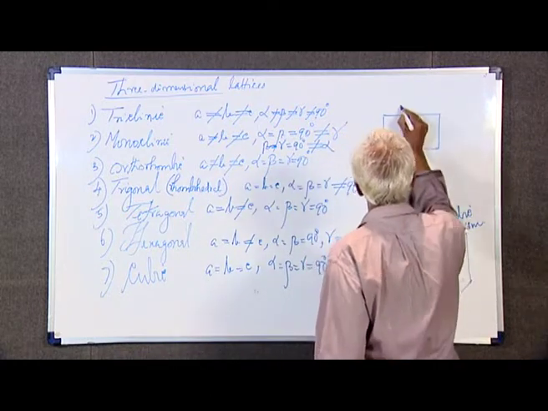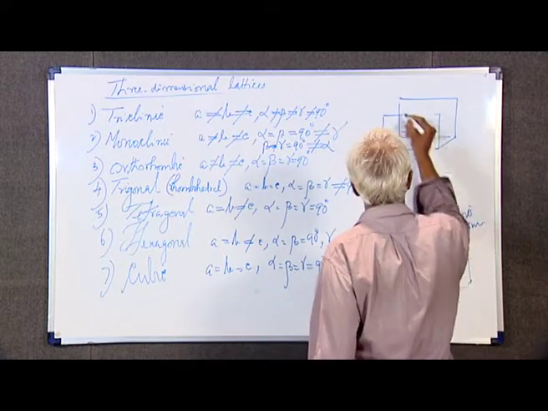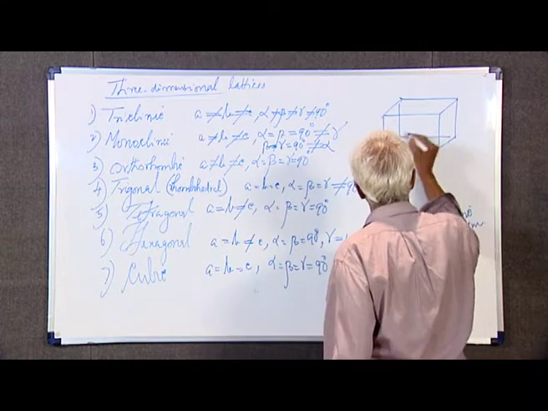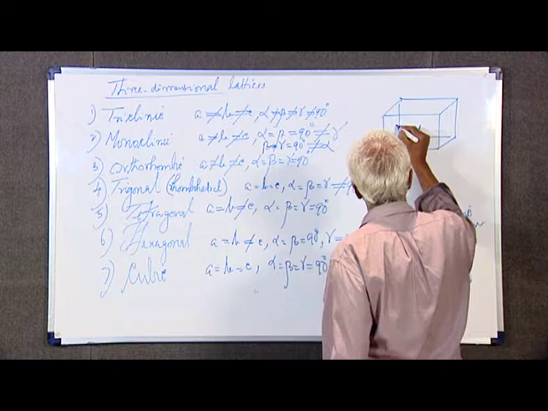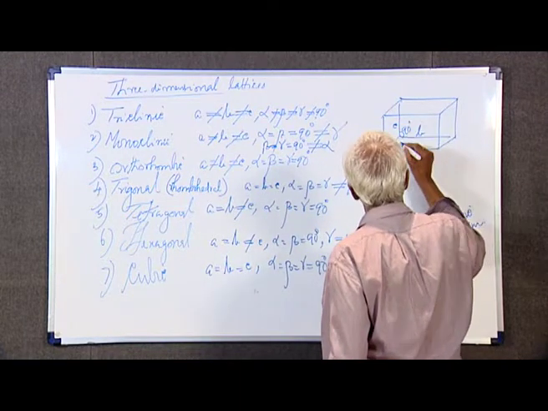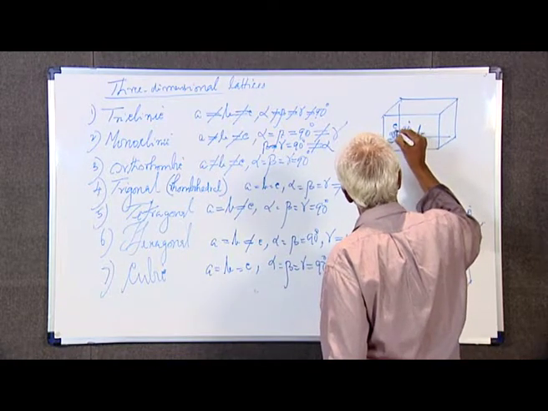See, rectangles. A, B, C. Then this is 90, 90, 90.